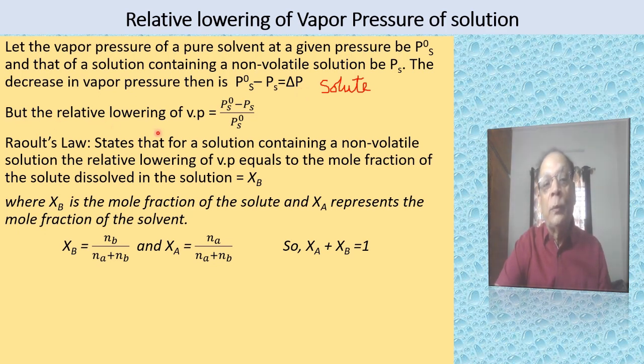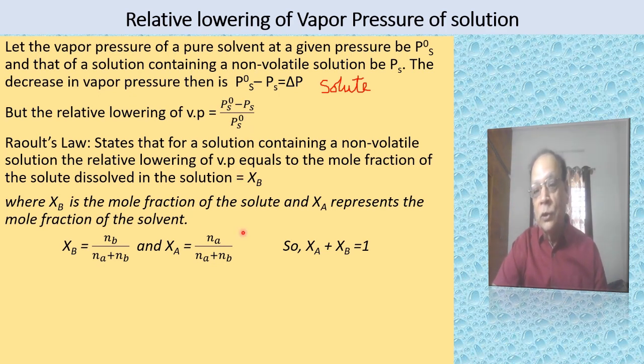Relative lowering of vapor pressure. It is not the vapor pressure or difference in vapor pressure which is the colligative property. It is the relative lowering of vapor pressure which is the colligative property. And that is represented by P0S minus PS, or the difference in pressure of pure solvent and solution, divided by the vapor pressure of pure solvent.